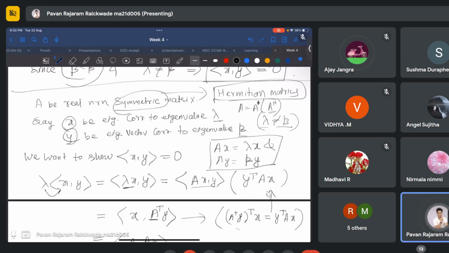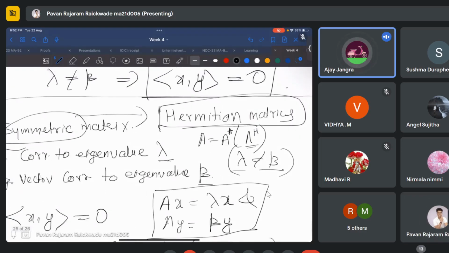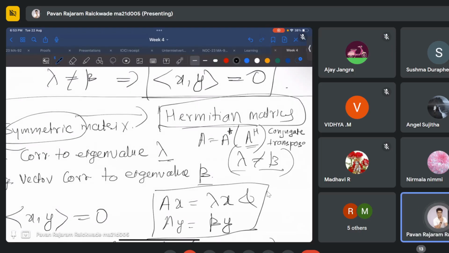Sorry, complex transpose. The conjugate transpose. So when the matrices are real, there is no meaning of conjugate, right? A bar is just A when the matrix is real.